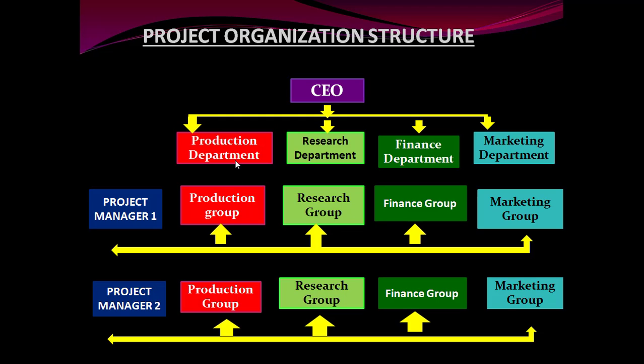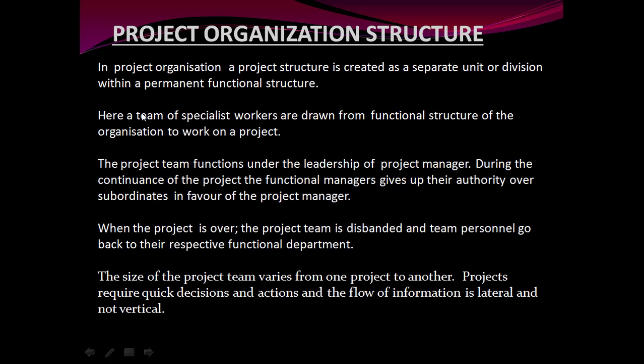So this is project organization structure, where in an organization the structuring is done on the basis of projects, right? And the employees from different departments come and work here. They report to their project manager, and they have no link with their own job function department. Clear? Let's go into the theoretical part.